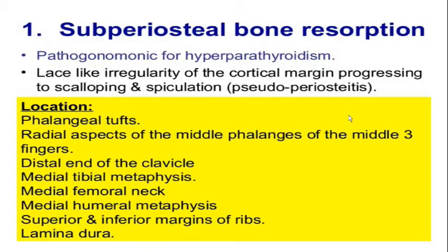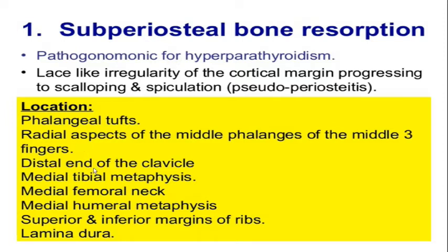all kinds of things. And as far as the radiological features are concerned, these terms are basically for memory stimulation: subperiosteal resorption, and the most common location is the phalangeal tufts, which will be the end of the phalanges. Even the radial aspect of the middle phalanges of the middle three fingers is very typical of hyperparathyroidism.